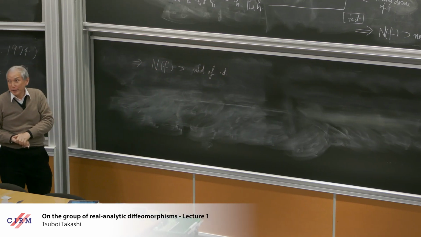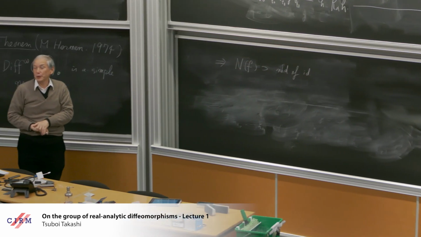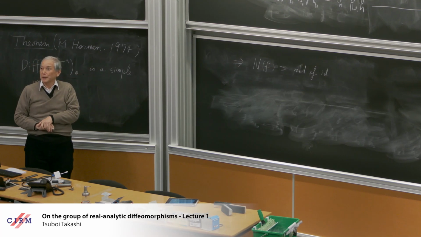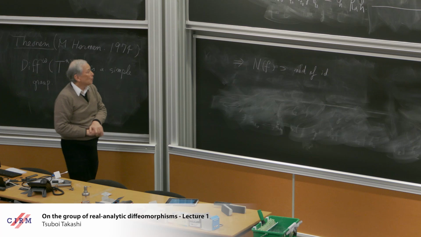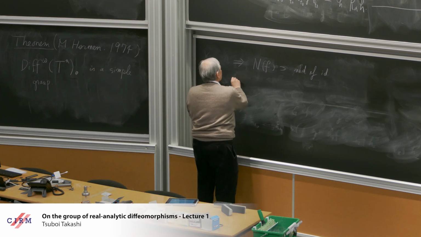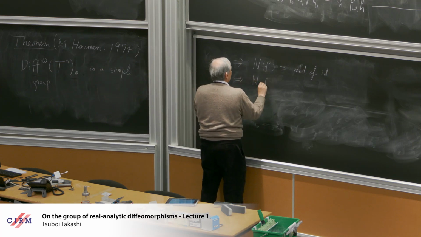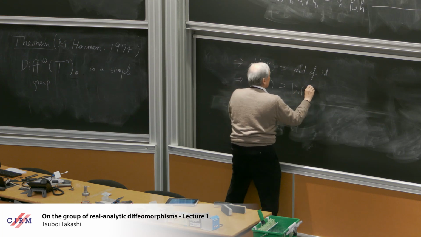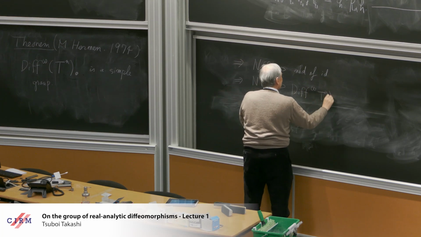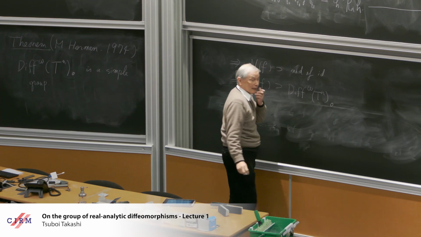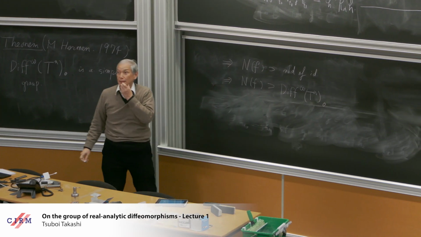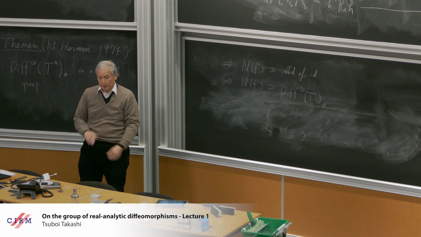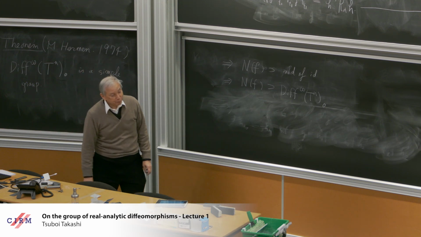And the neighborhood of the identity should generate all the connected components. So then the normal closure of F contains Diff omega Tn 0. So this is a proof by Herman. Incredible, I think.